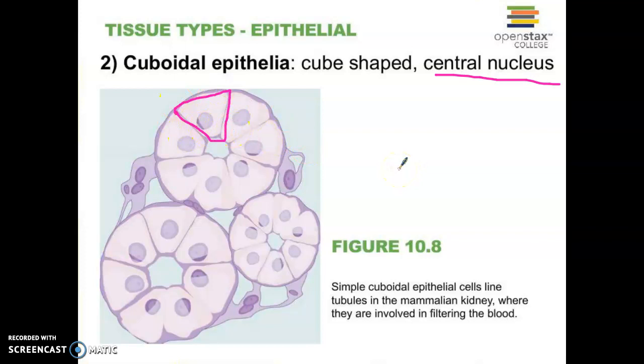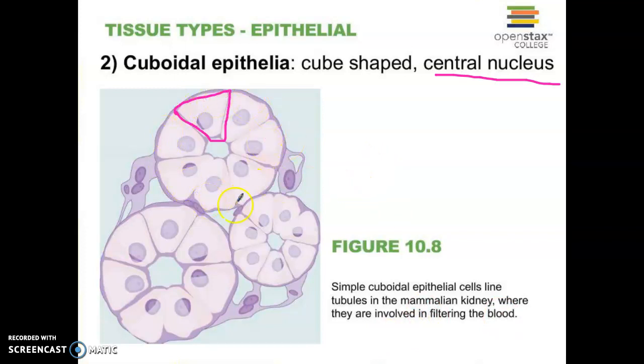Okay, and you can see it says these line the tubules in the mammalian kidney. There's tons of little tubes and blood vessels in the mammalian kidney, and there needs to be because this is such a blood filtering organ.